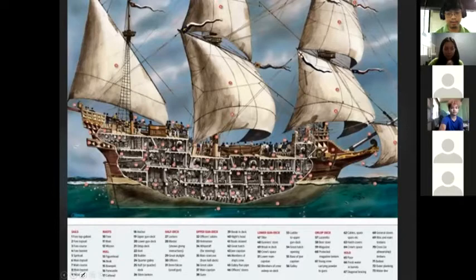So this is an example of a galleon ship. So if you remember, syempre, ang galleon trade system ay isang ruta at mga barko na ng mga Espanyol galing sa Mexico papunta ng Manila.